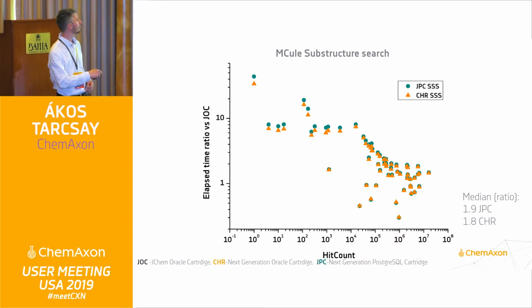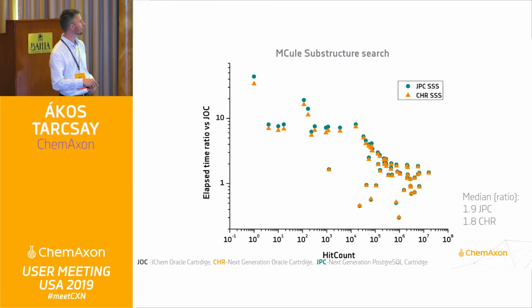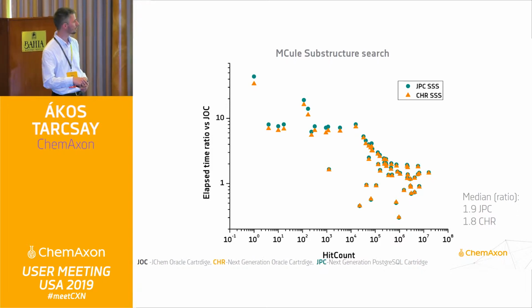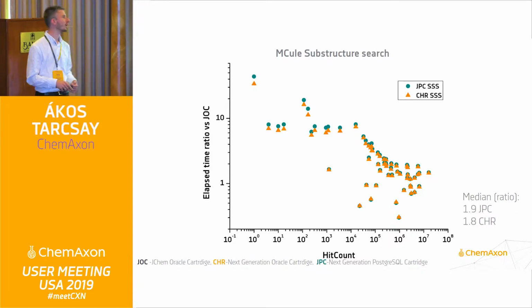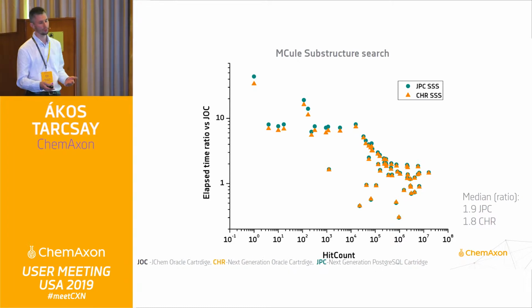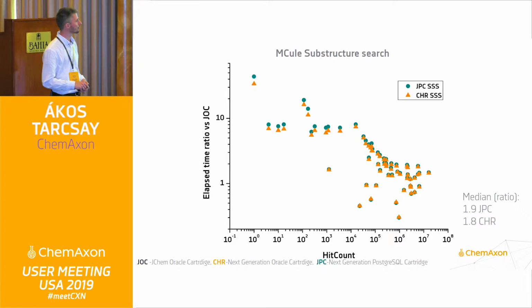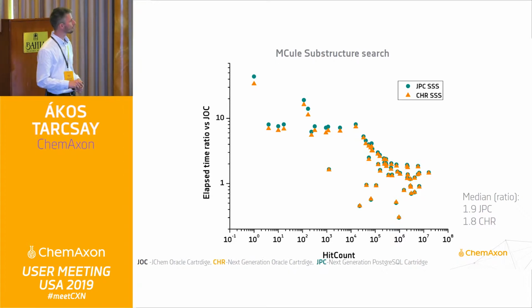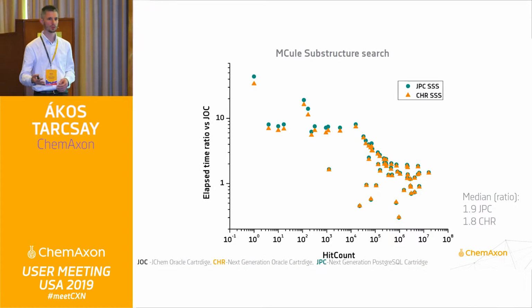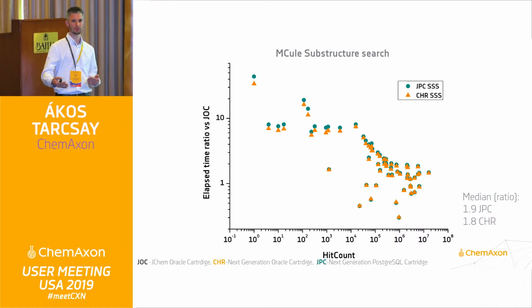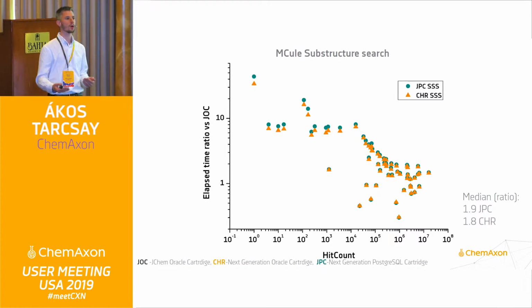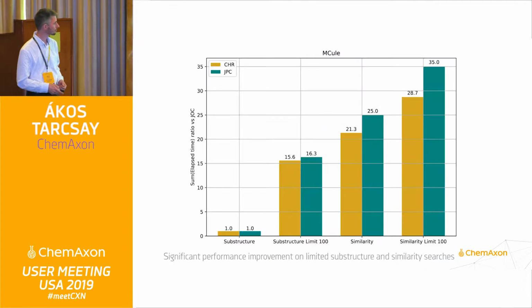This is about 7 times faster, and this is close to 1, and some which result in 1 million hits are just lower than 1. So in this case, the speed is decreased for some reasons. And the median of these ratios is about 2. So you can expect that in 50% of the cases, if you have these diverse substructure queries, you will still get 2 times faster with the new technologies.